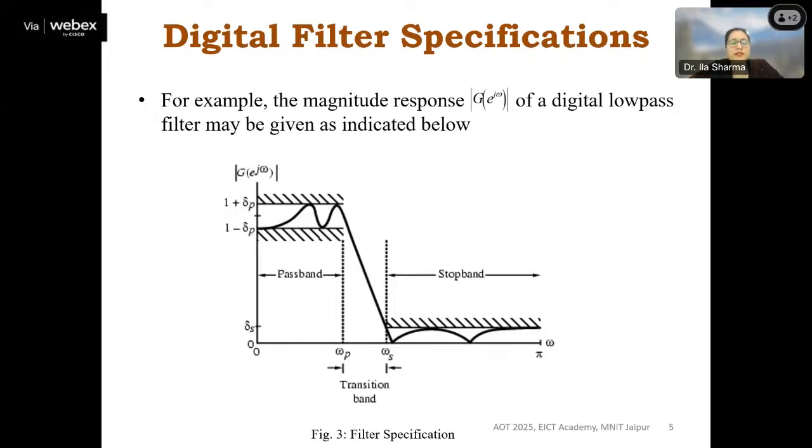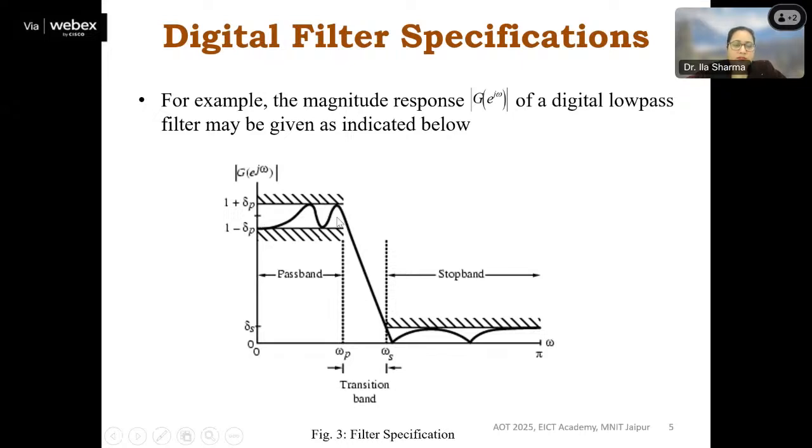You can observe there are fluctuations, or ripples. Those values are from 1 plus del P to 1 minus del P, and del P is the passband ripple. We will discuss how it is calculated in an upcoming slide.